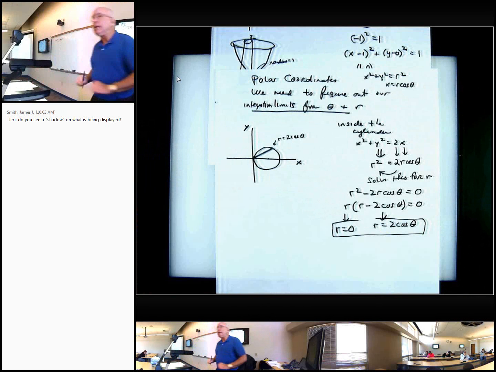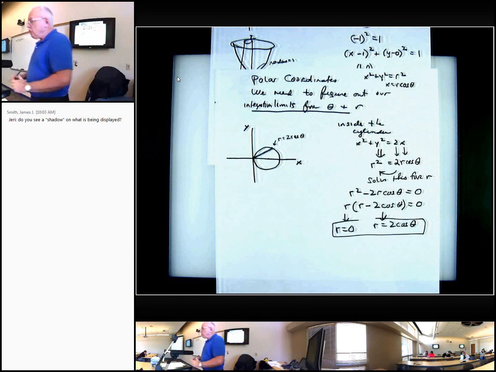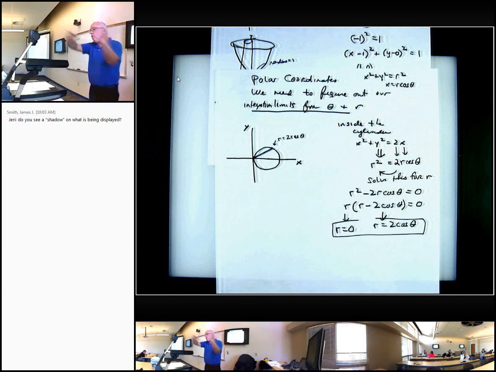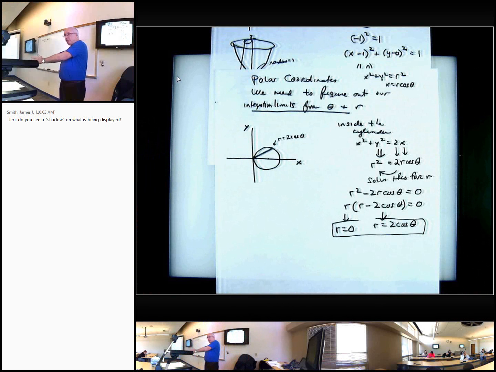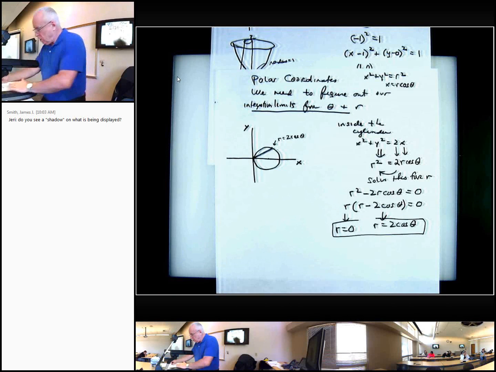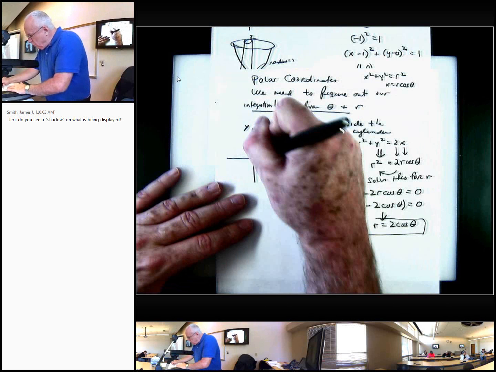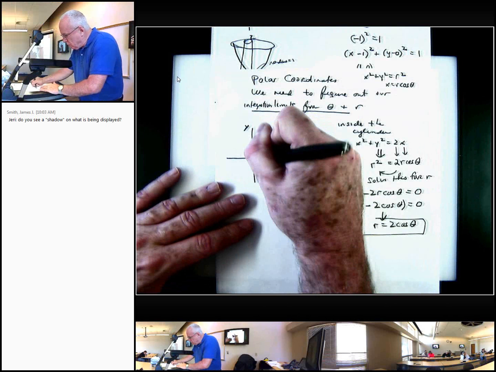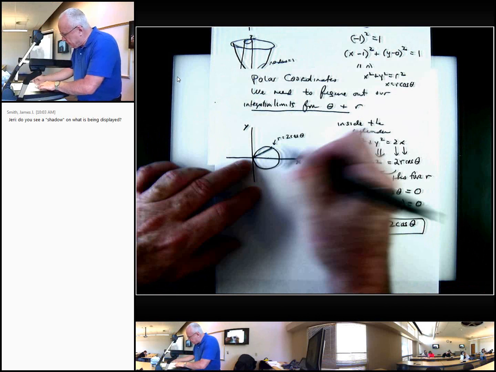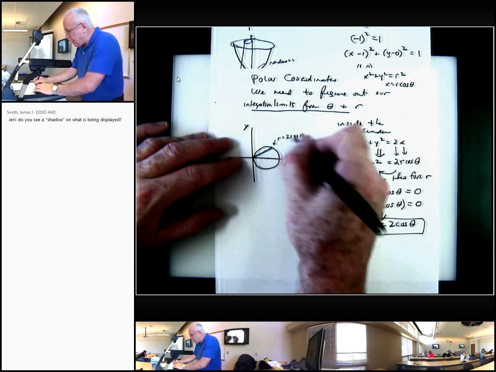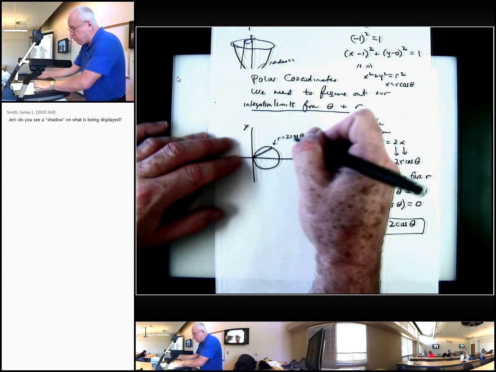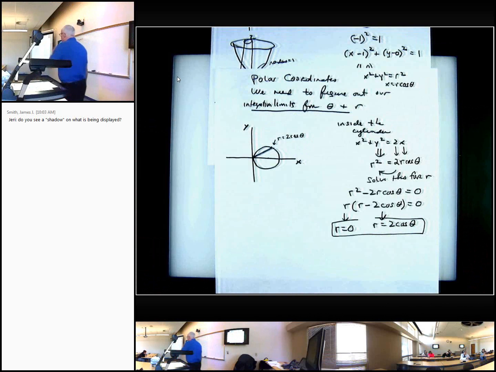Now, I've got to get limits for theta. Notice all of this is over on the right-hand side of the xy plane. What do we think here? This circle here is represented as r equals 2 cosine theta.